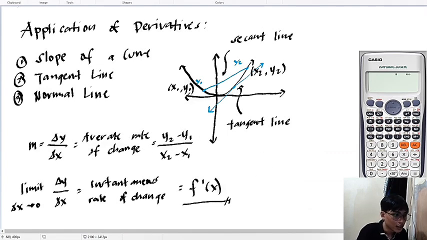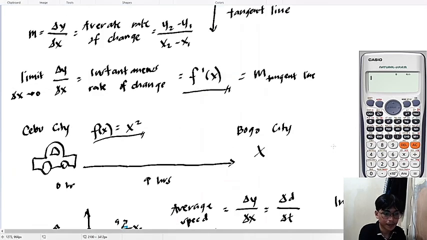Okay? Okay. Now, let's have an example. So, meaning ha, kaning instantaneous rate of change, or pilit na ito gitawag og m of your tangent line, or the slope of your tangent line is just equal to the first derivative of your function. Okay? Okay, let's have an example.